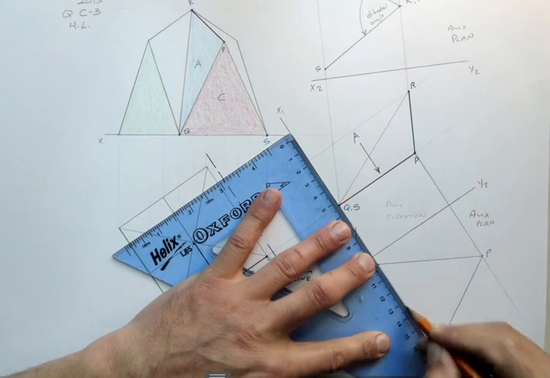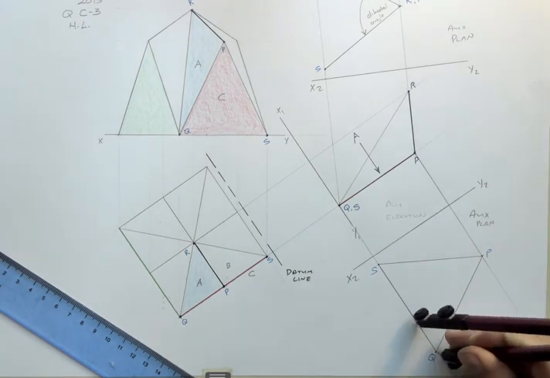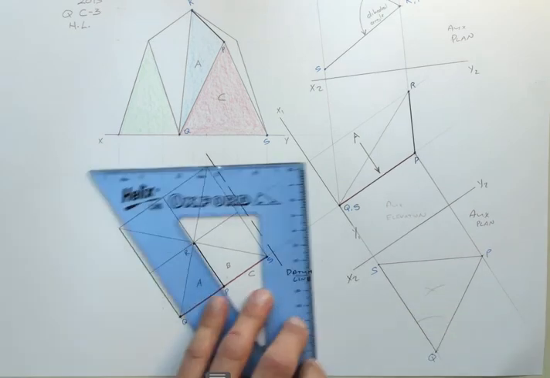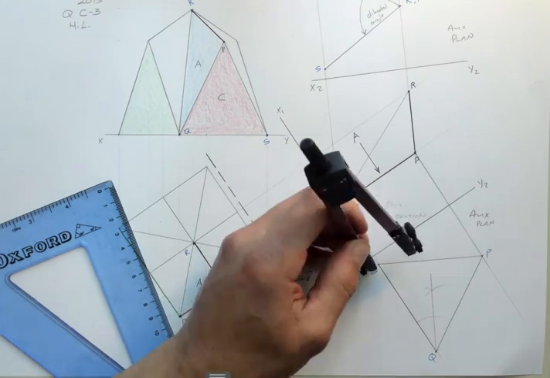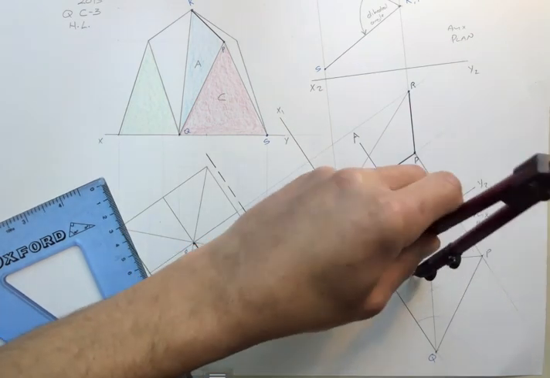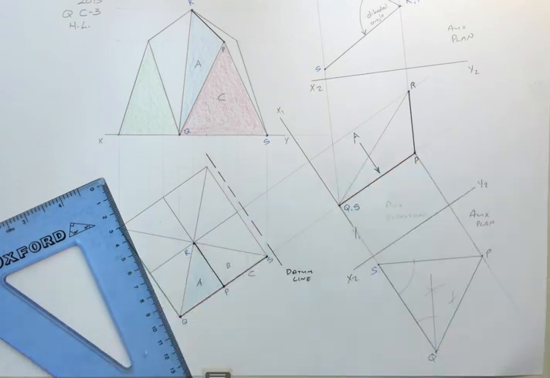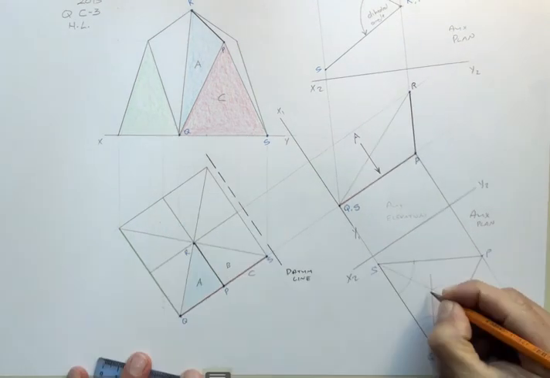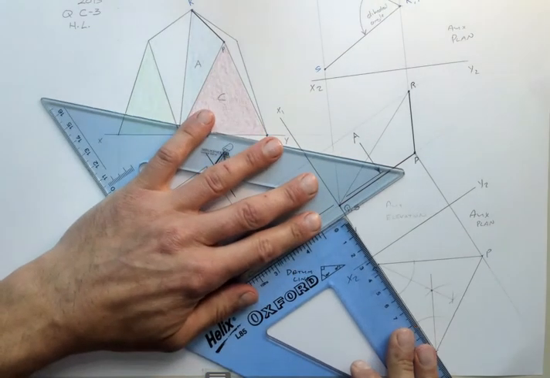To draw the largest possible circle inside it, I need to bisect two of the angles. Any two, it doesn't really matter. So one bisected. And the second one bisected. That gives me the center point. To find the points of contact, I come off at 90 degrees to the edges.